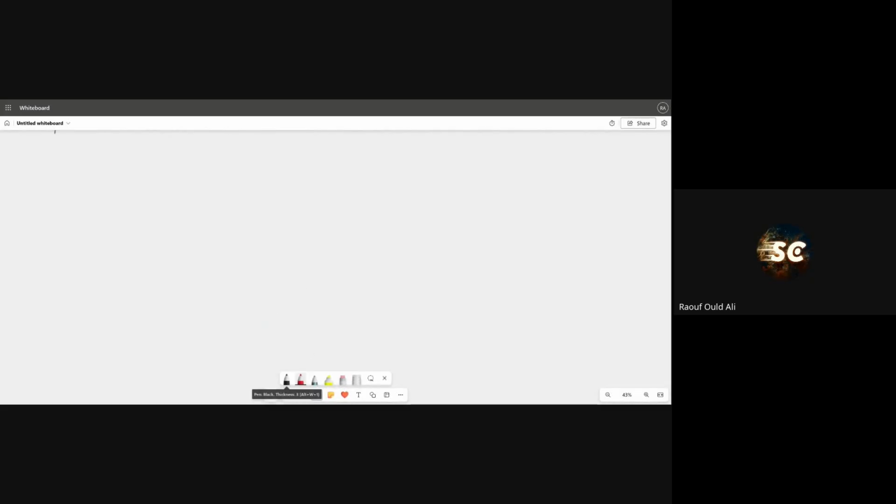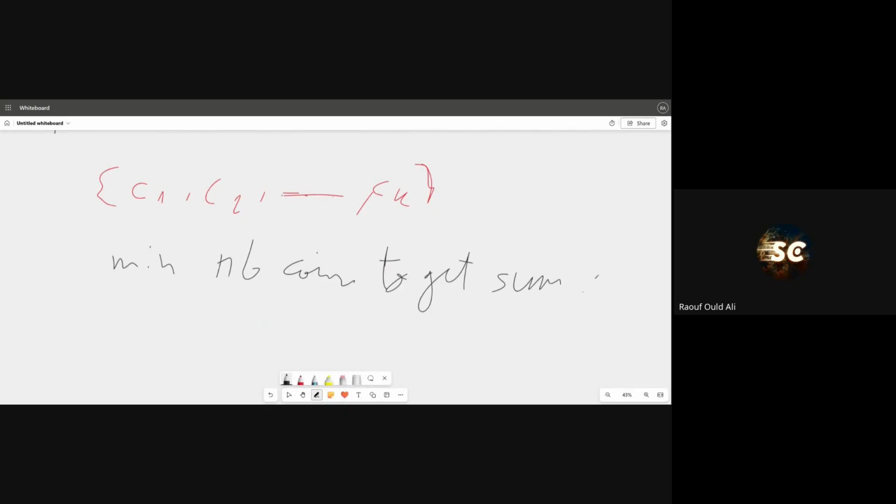Next problem. We still have a set of coins C1, C2 until CK, and we want to know what is the minimum number of coins to get sum x. Okay?